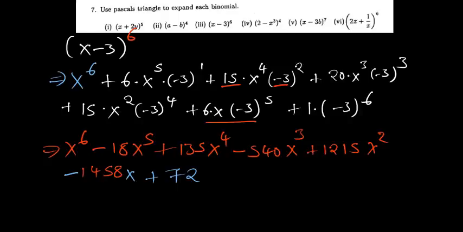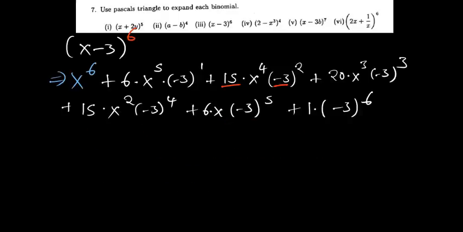Okay, let me do these two. This one just implies you add an extra coefficient. So the coefficients that we had: 1, 6, 15, 20, 15, 6, 1. This was the 6 expansion.